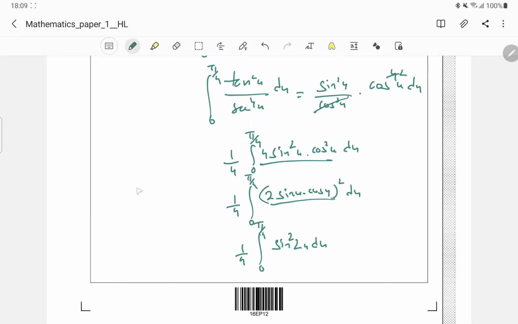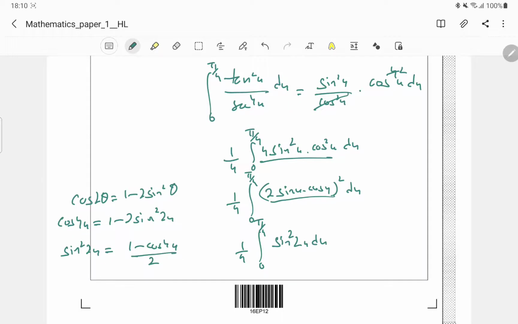Now we'll use one more property, which is cos 2 theta equals 1 minus 2 sin square theta. So we can write cos 4u equals 1 minus 2 sin square 2u. I'll just replace it. So the value of sin square 2u is 1 minus cos 4u over 2.